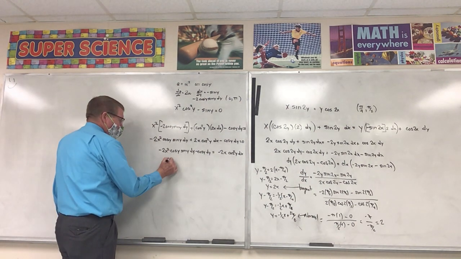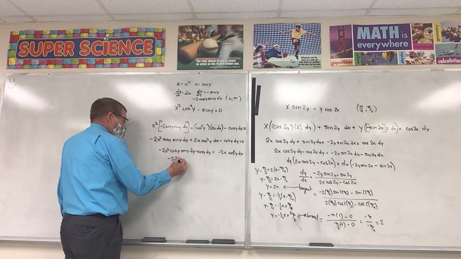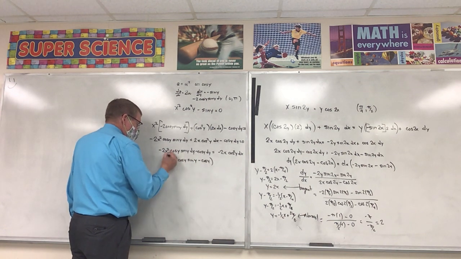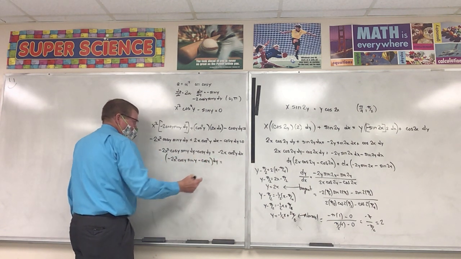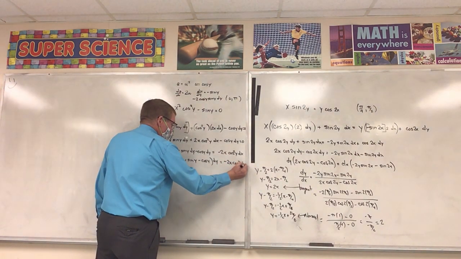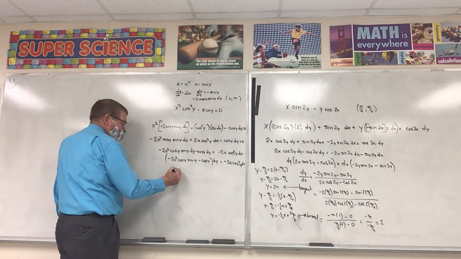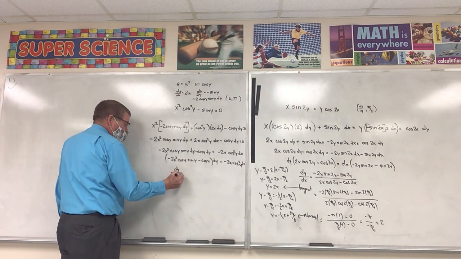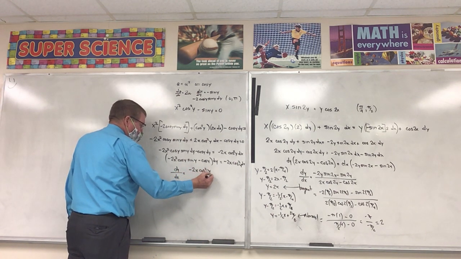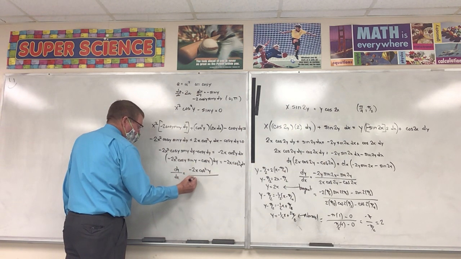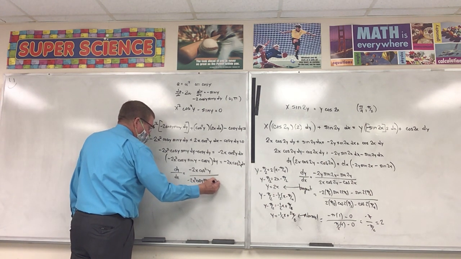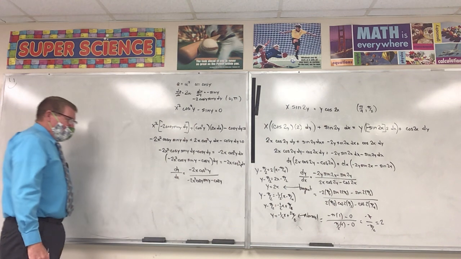Factor out my dy, and then I got my dx. Bring my dx over, that's dy over dx equals negative 2x cosine squared y over negative 2x squared cosine y sine y minus cosine y. And there is my derivative.